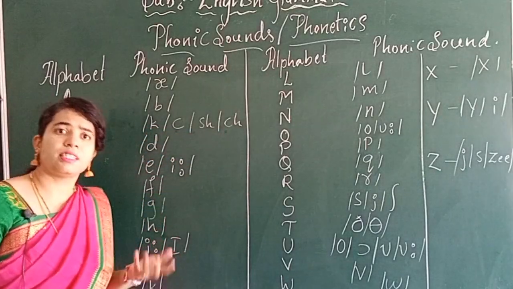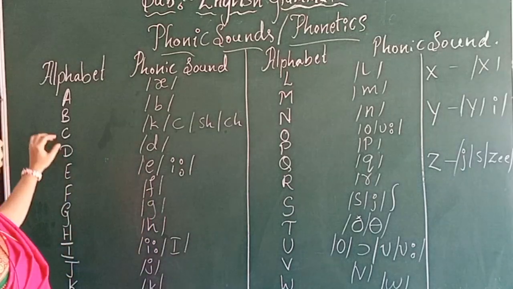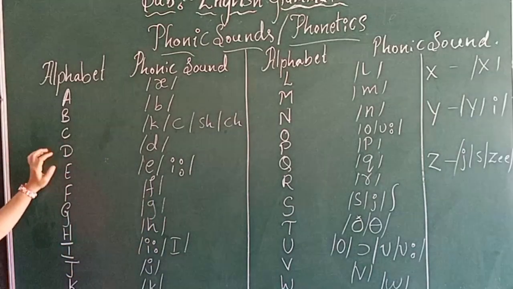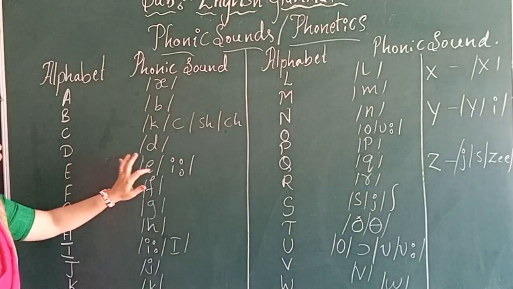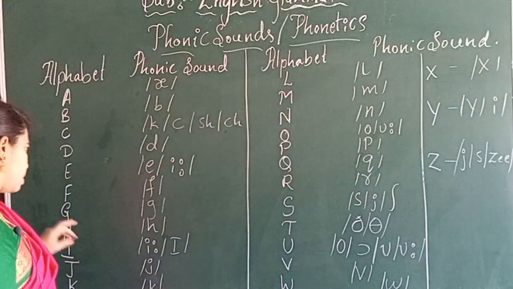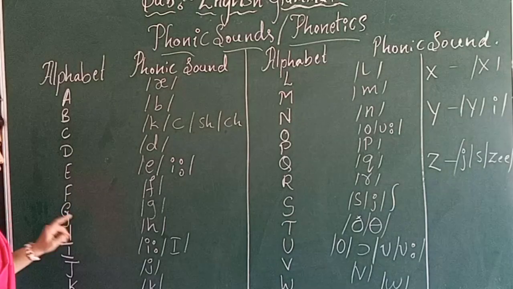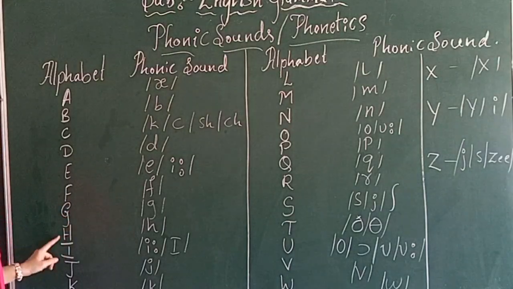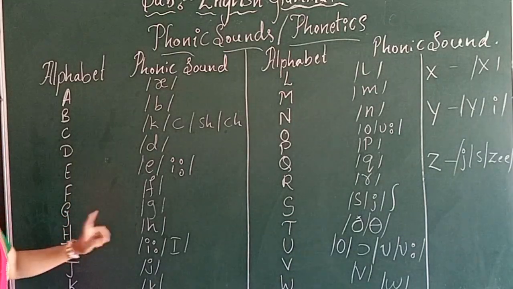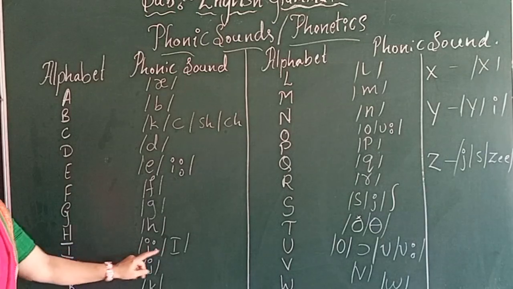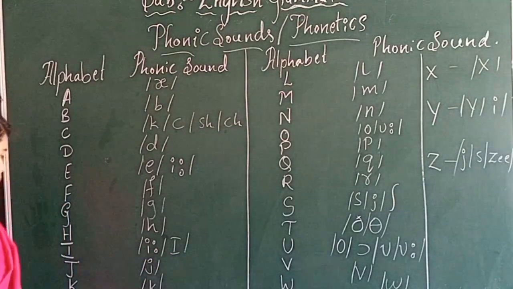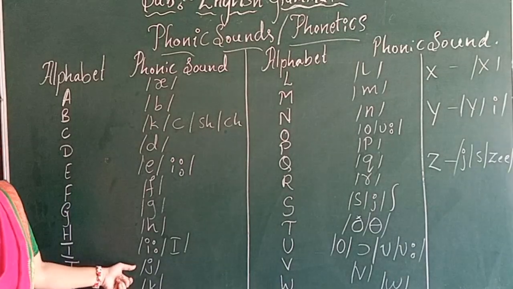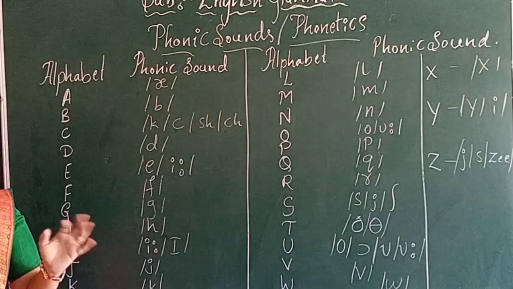Character, charted account, these all begin with the letter C. D used as D, E used as E and I, both cases. F used as F, G used as J, H used as H, I used as E. Small e and big E.